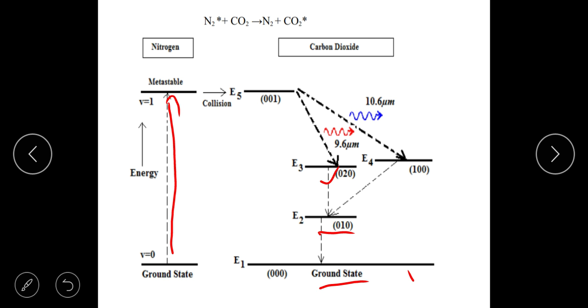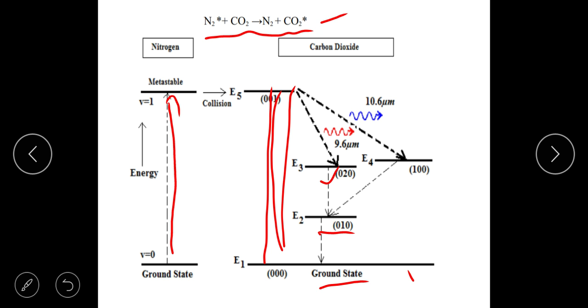Metastable state is the state where it will remain for a longer time, and by collision, since this level and the fifth level of carbon dioxide match with each other, N2 star, which is the excited nitrogen, will collide with CO2 so that it gives all its energy to CO2. CO2 gets excited in the sense that the molecules which are in the ground state will go to the fifth state, E5, and sit here.